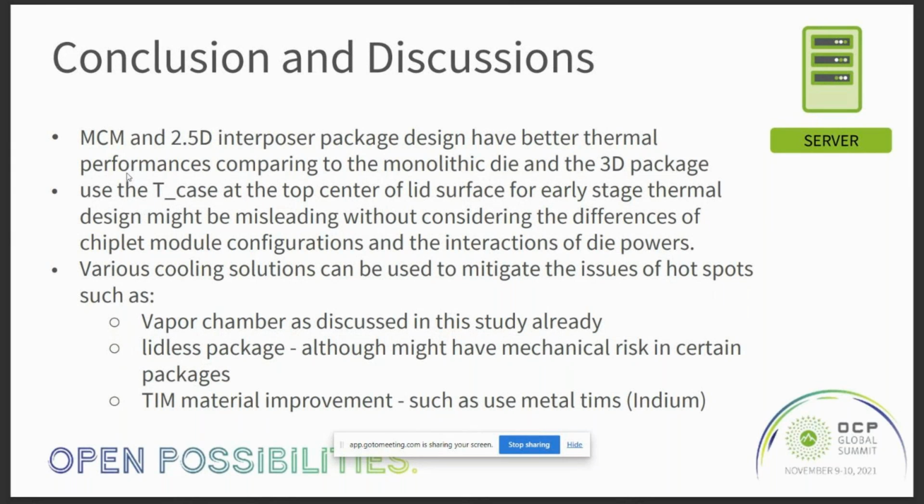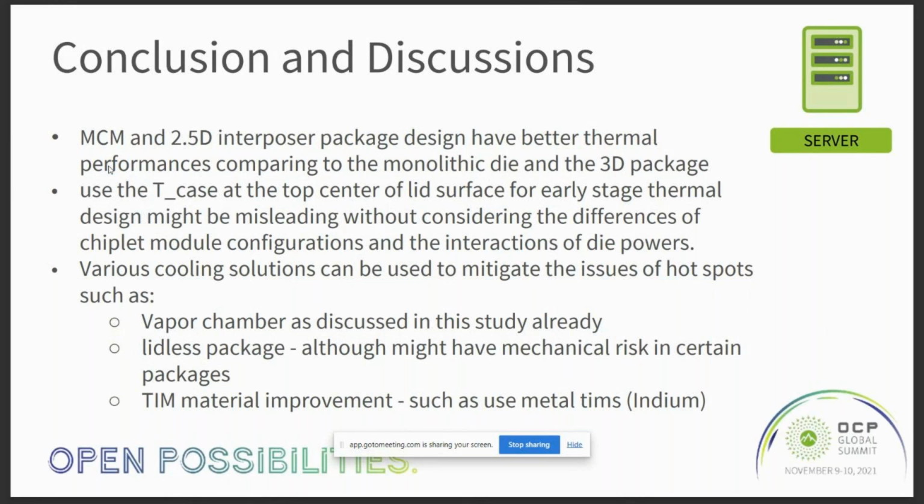So from the presentation, we know that MCM and 2.5D interposer have better thermal performance compared to monolithic die and the 3D packages. And as I mentioned earlier, the case temperature is a misleading parameter.